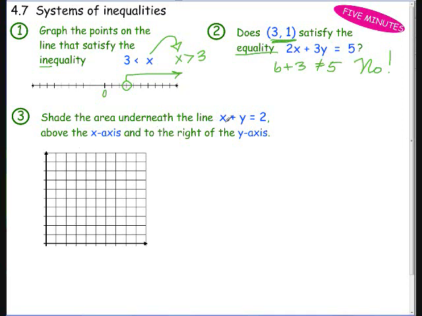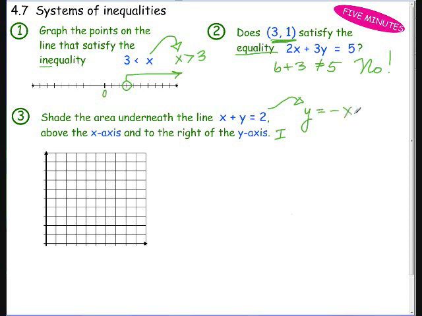Shade the area underneath the line x plus y equals 2. Shade above the x-axis, so we've got that quadrant here, haven't we, in the right of the y-axis. This is quadrant 1. I'm going to transform this into the slope-intercept form because I already like it for graphing, but it is especially useful when we do inequalities, so we'll keep on practicing it.